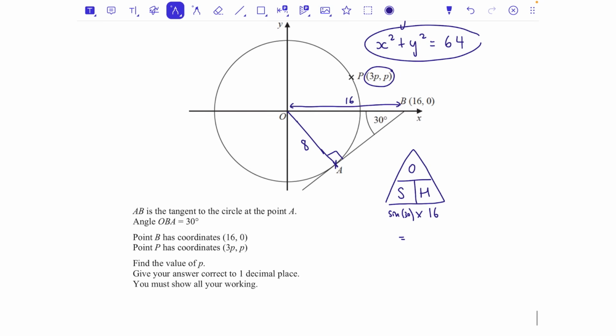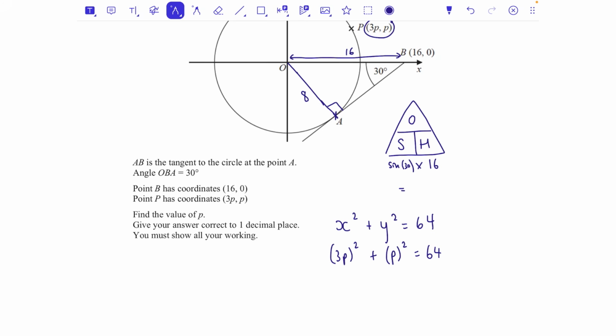So now we can say x squared add y squared is 64. So therefore 3p squared add p squared needs to equal 64. Now altogether 3p squared is 9p squared because you're doing 3p times 3p. Add another p squared equals 64.